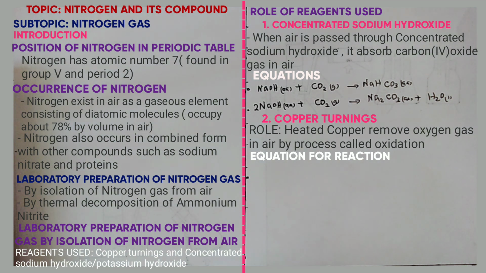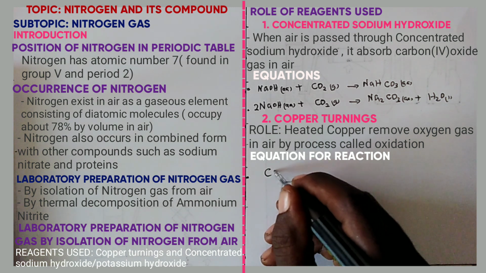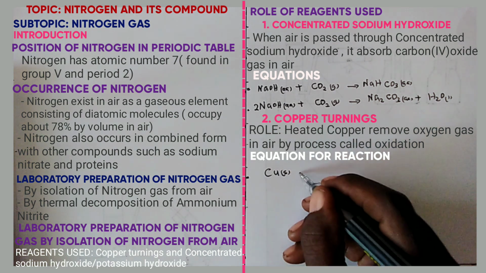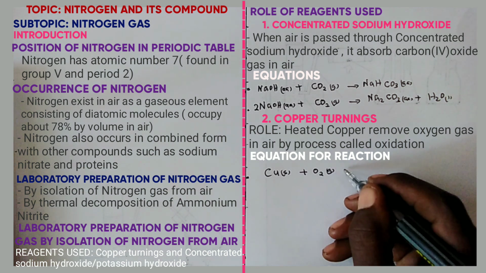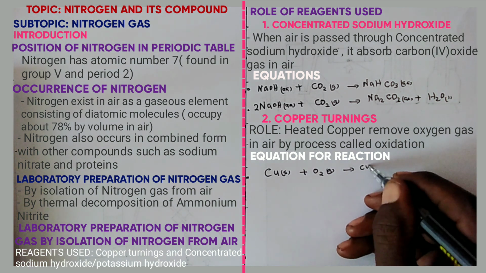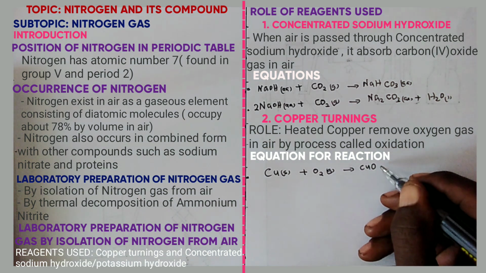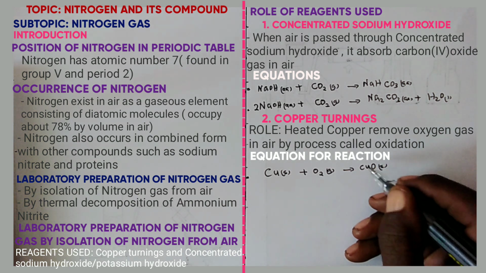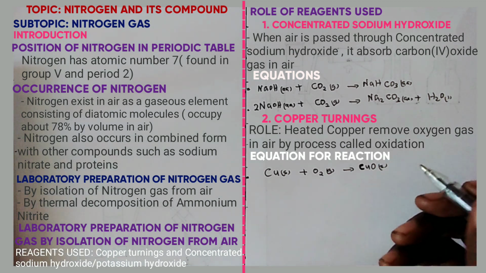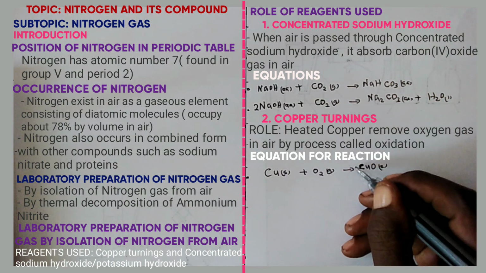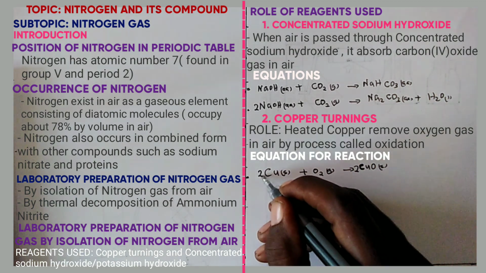Chemical equation is Cu solid plus oxygen gas gives you copper oxide solid. Balance the equation, place here 2 and then here 2.